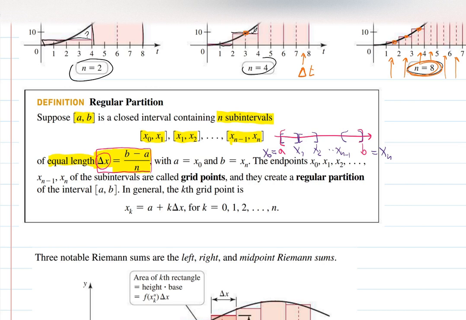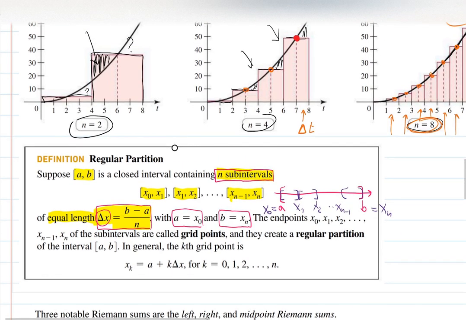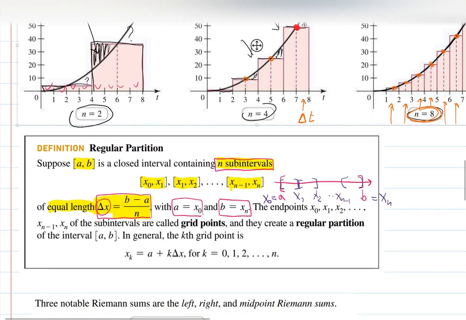How to find it: (b minus a) over n, where a is the starting point and it's x sub 0, b is the end point and it's x sub n, and n is the number of subintervals we want to have. So for the first case, it was 1, 2, 3, 4, 5, 6, 7, 8. For this case, it was 8 again, and so on.